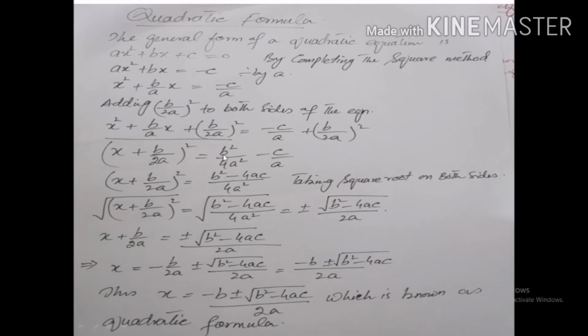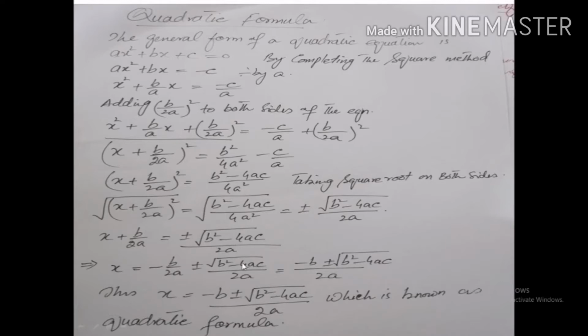So 1 multiplied by b² becomes b² minus, here a cancels with a, 4a multiplied by c becomes −4ac. Now by taking the square root, the fourth step, on both sides of this equation, the square cancels with the square root on the left hand side, and on the right hand side √(b² − 4ac) over the square root of 4a², which becomes 2a. Thus x + b/2a = ±√(b² − 4ac)/2a.